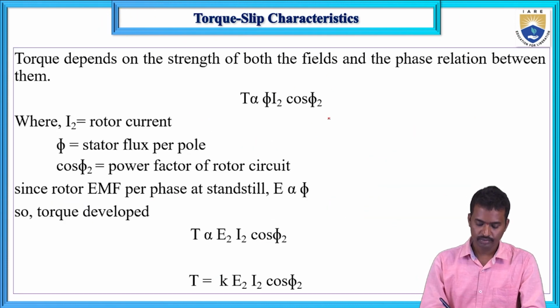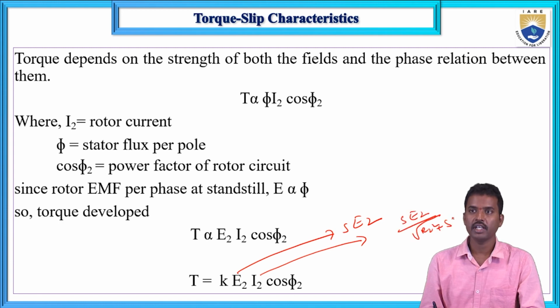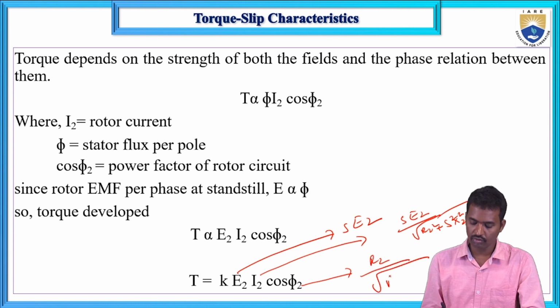So here E2 means S into E2, and this equals S into E2 divided by square root of R2 square plus S square X2 square, and next cos phi equals R2 divided by square root of R2 square plus S square X2 square.